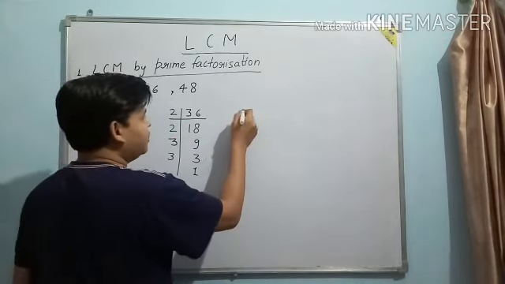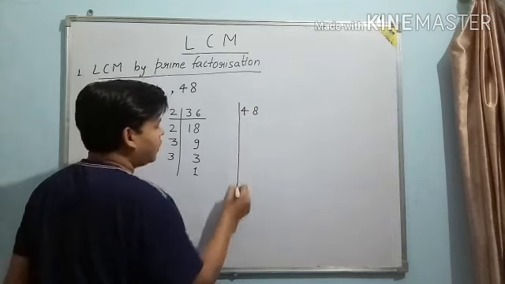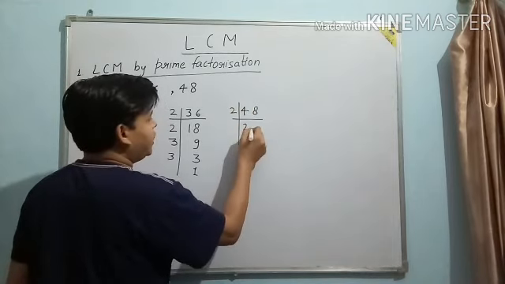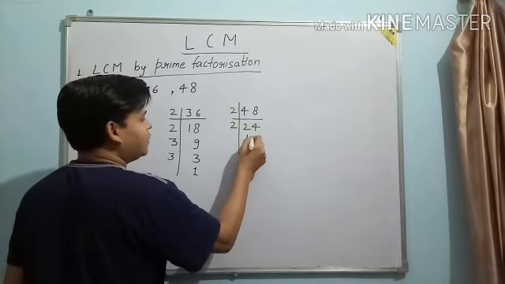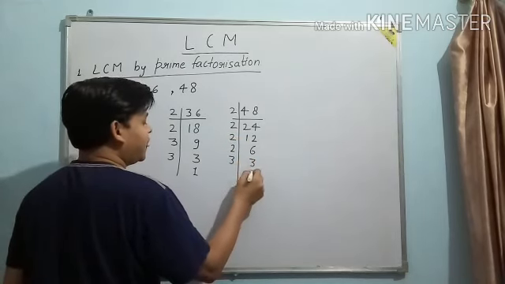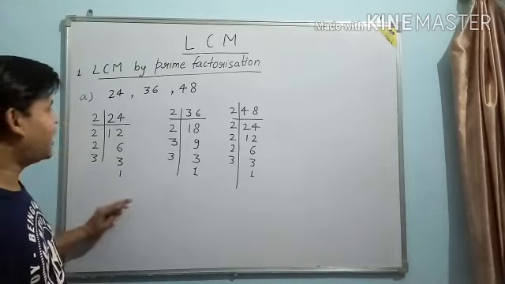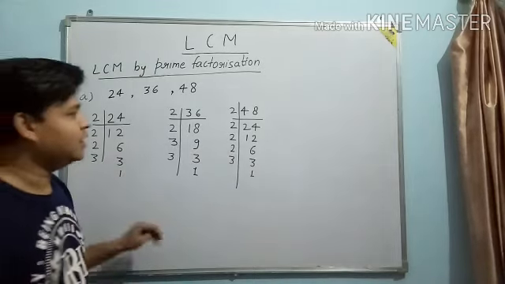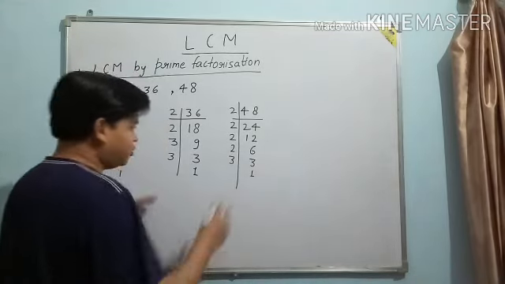Similarly for 48, 24 times, 12 times, 6 times, 3 times and 3 1 time. So one by one you will write down the prime factors of all three numbers. So I am doing it here.